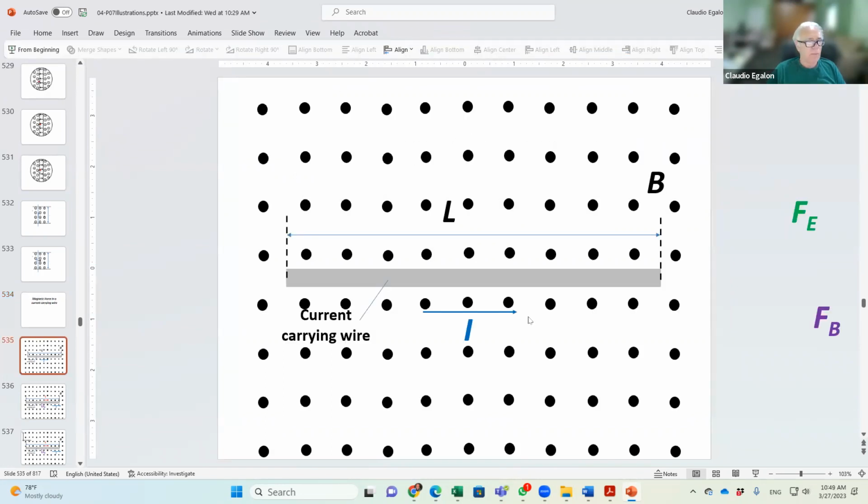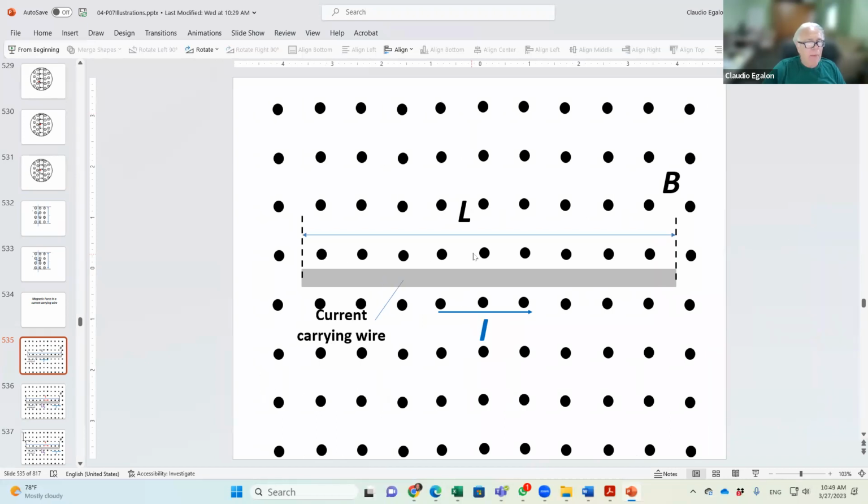This wire can extend further to the left and the right. So think about that. We have a current carrying wire here. Current carrying wire means that electric charges are moving inside it, right?